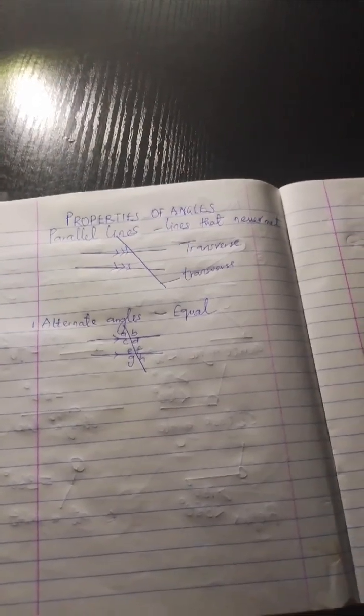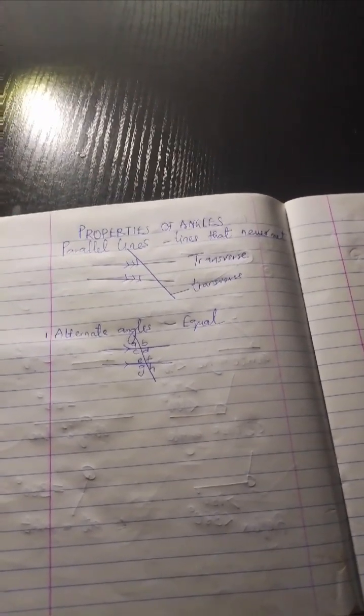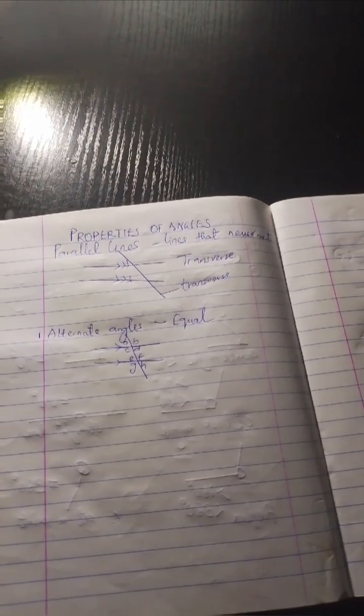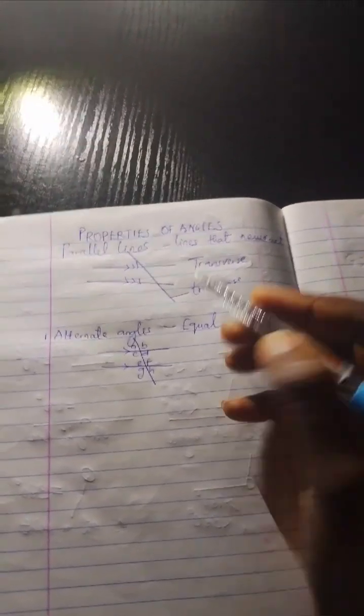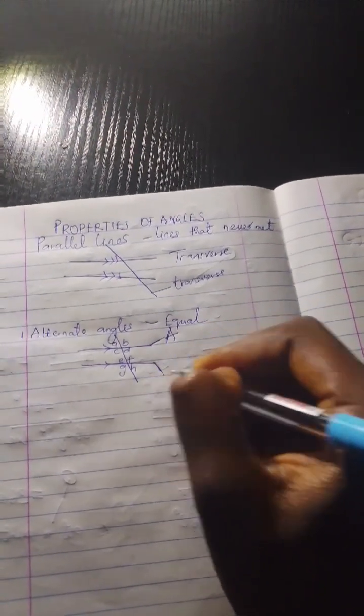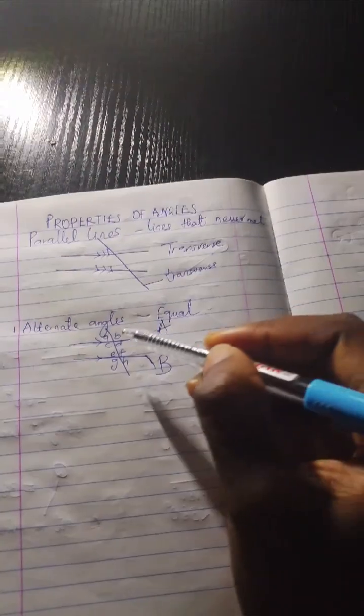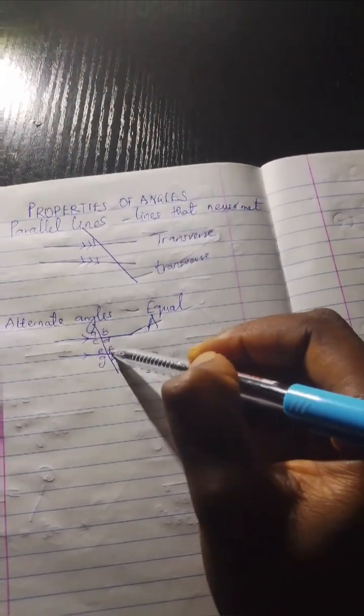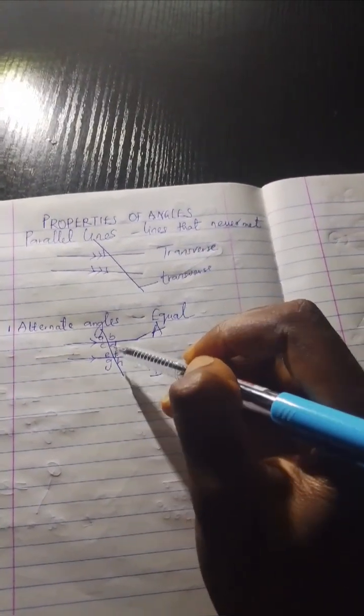So alternate angles are angles that are lying on opposite sides within two parallel lines. So now this is my parallel line A and this is my parallel line B. Now this side and this side are alternate angles. Here and here are also alternate angles.